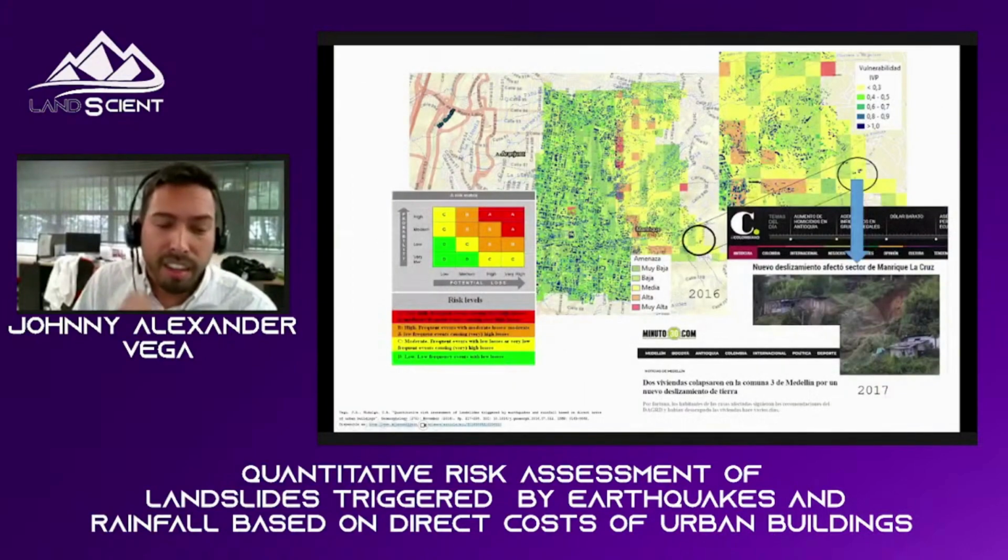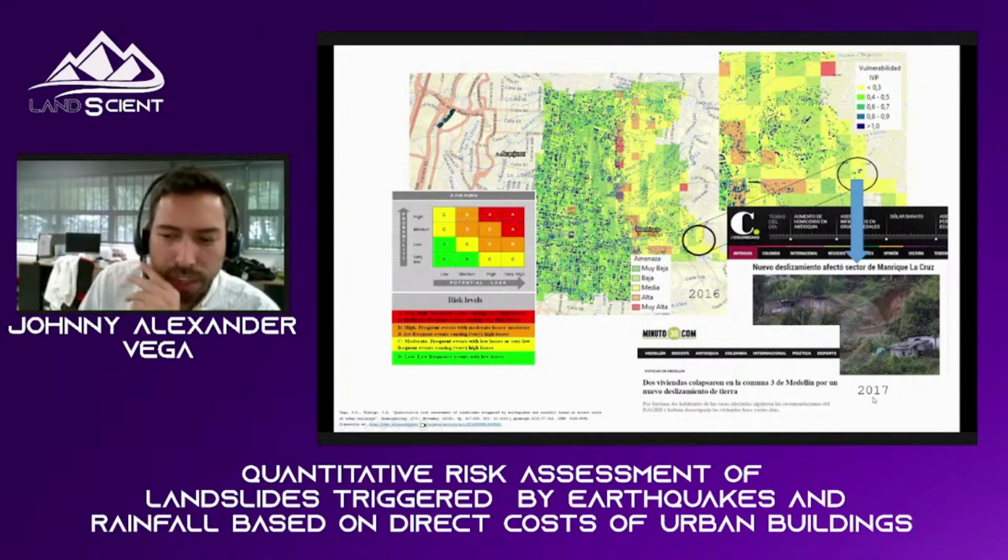This is an example of a simulation that we made in 2016 in Commune 3, Manrique. Then in 2017 a landslide occurred in this zone.